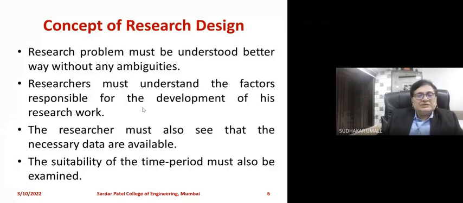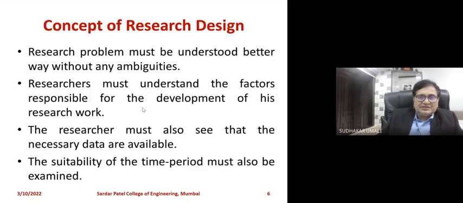Otherwise, you cannot complete your research if you have not arranged your path, your plan in proper way. Next is research problem must be understood in a better way without any ambiguities. When you explain each and everything, your problems, there should not be any ambiguities in the research work. Researcher must understand the factor responsible for the development of his research work.